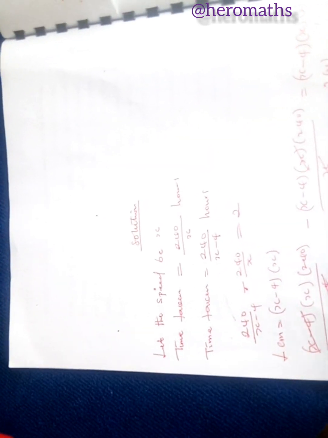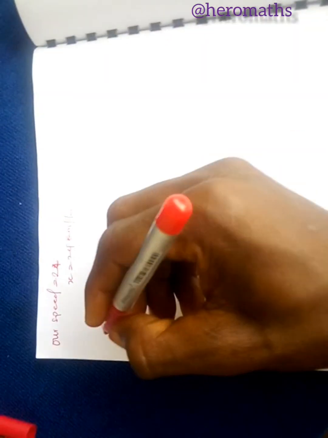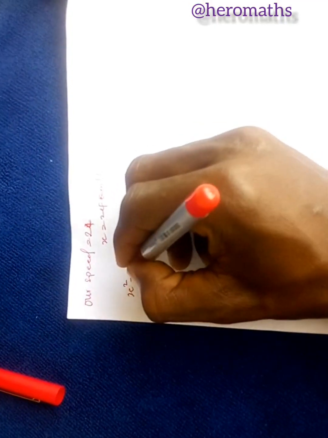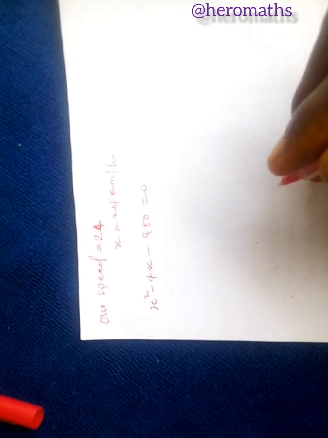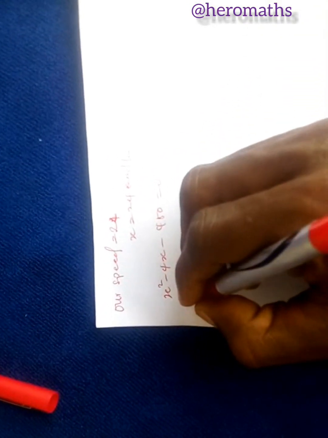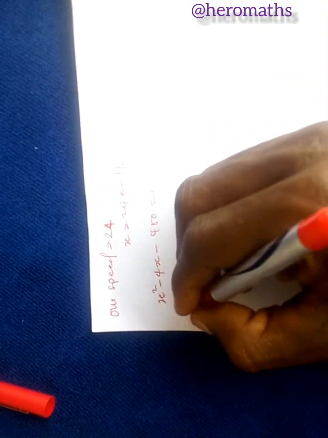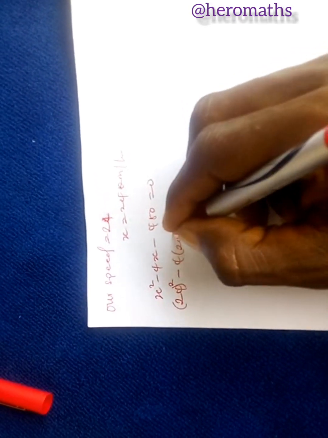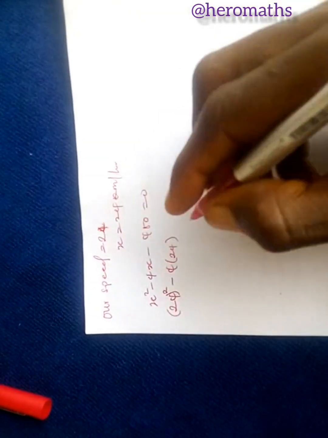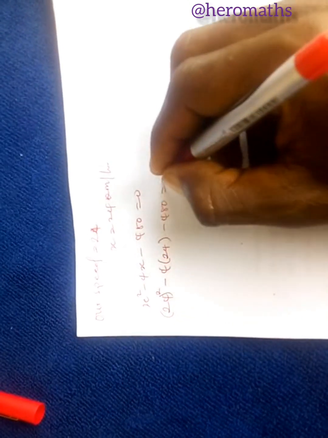Now let us pick x squared minus 4x minus 480 is equal to 0. Now what is our speed? 24. We have 24 squared here. Put 24 in place of x: 24 squared minus 4 open bracket 24 minus 480 is equal to 0.